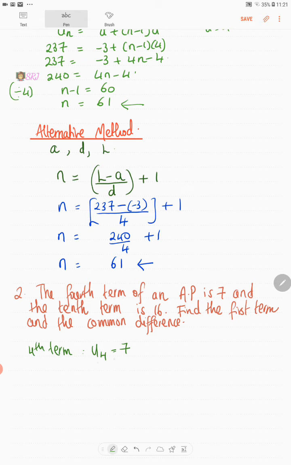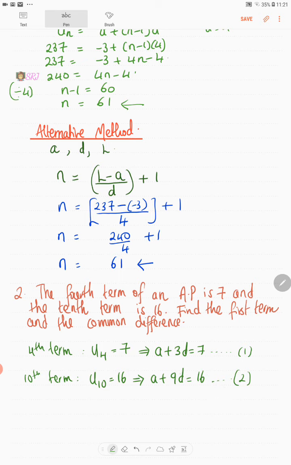Using the formula, a plus 3d is equal to 7. This is equation 1. We are also given that the 10th term, u10, is equal to 16. This implies that a plus 9d is equal to 16. So we have a second equation.